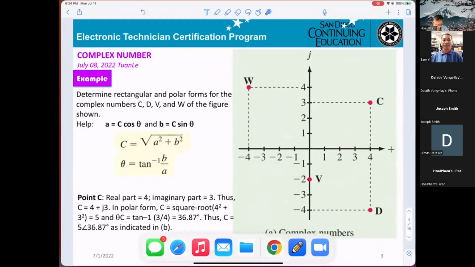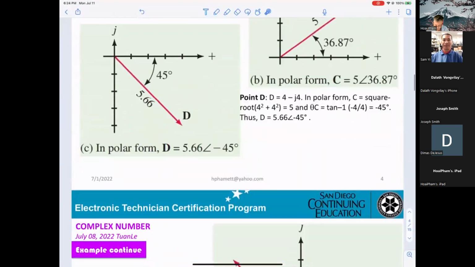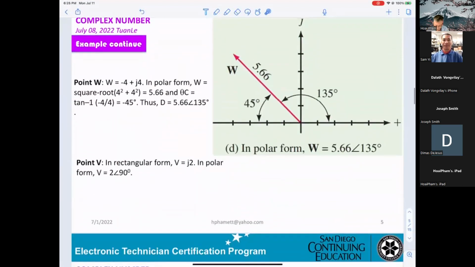So if it's below, can you say it like 0 minus J2? Yeah, you can say it that way, but the thing is, 0 means nothing.